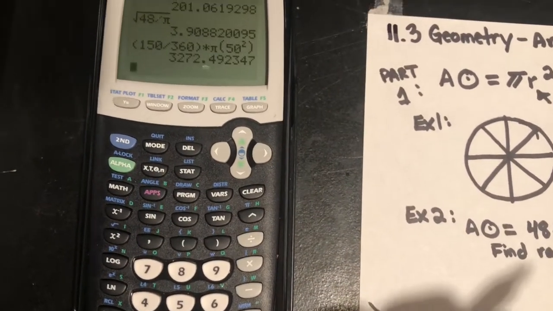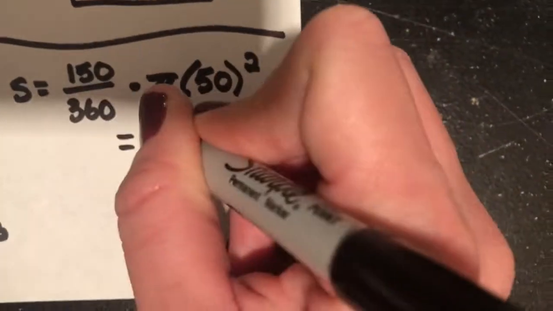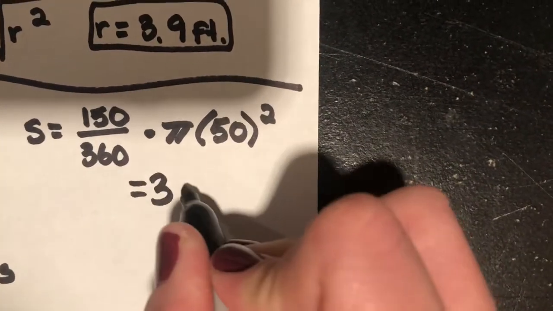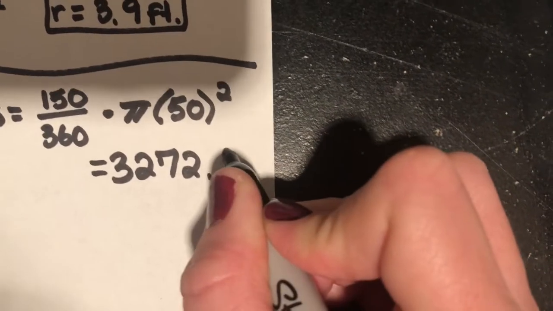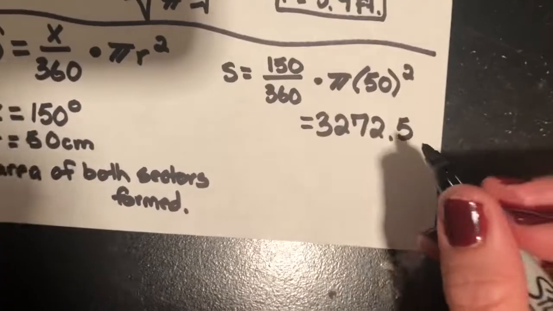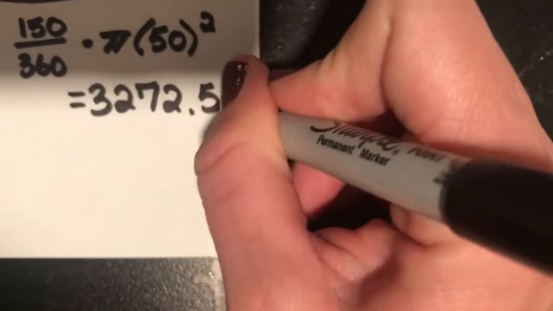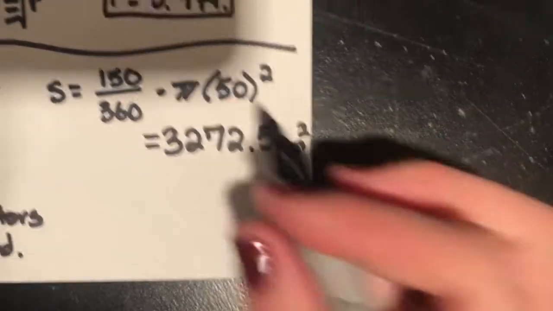I click that enter button and I get 3,272.5. And it was centimeters, so that is centimeters squared.